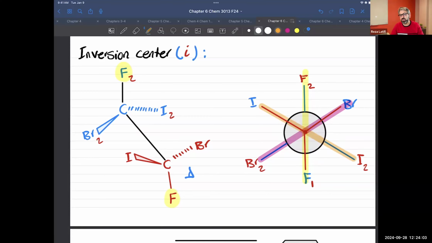In that case, we say we have an inversion center. Yes, we have an inversion center. We do have 2 stereocenters. There is no mirror image, but because we have an inversion center, the molecule will be non-chiral. So this is going to be our inversion center. Even though we have 2 chirality centers, the molecule will be non-chiral.